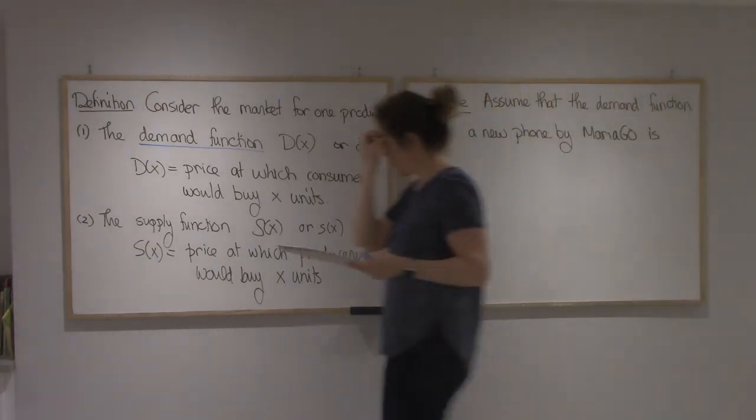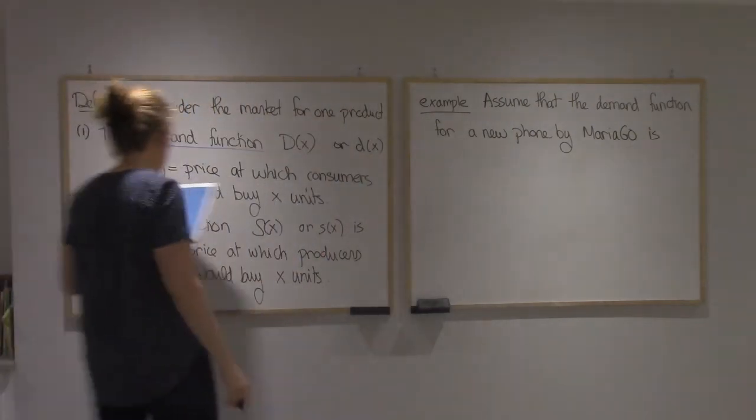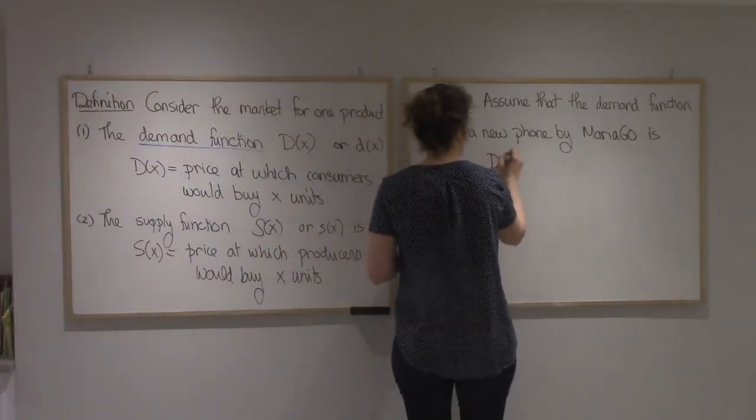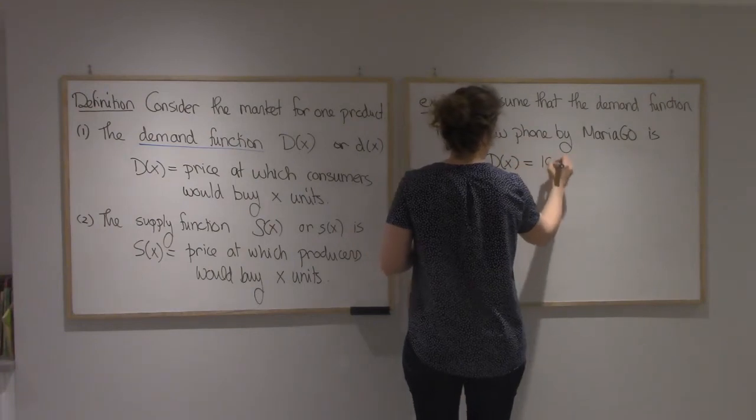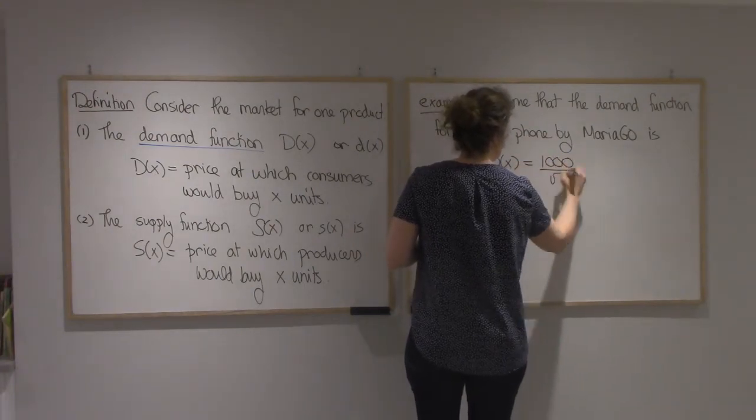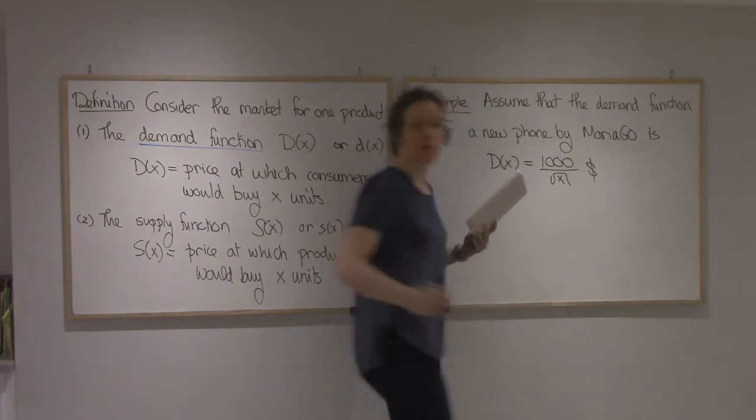Alright, so my demand function is 1,000 over root of x, and this time it's in dollars.